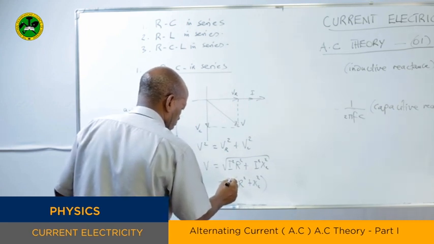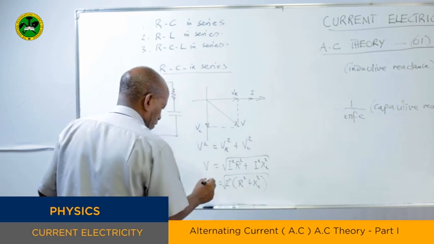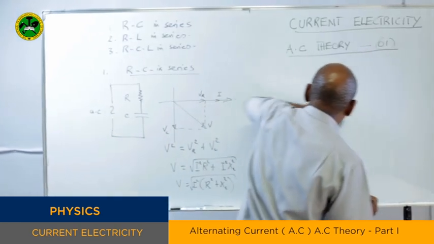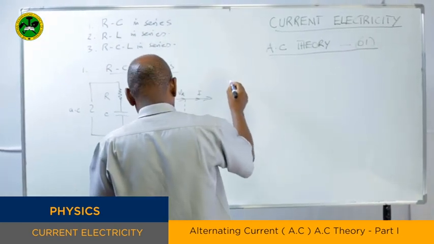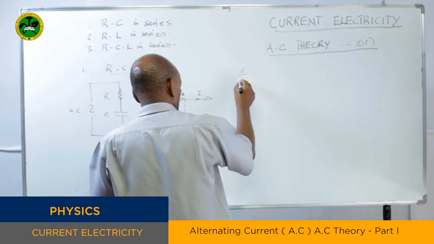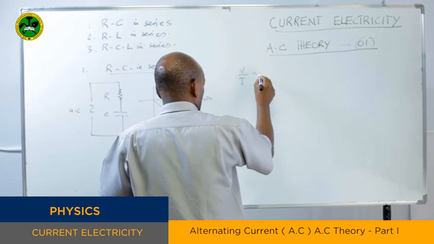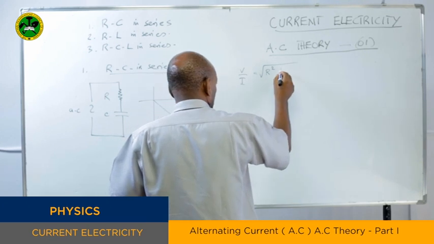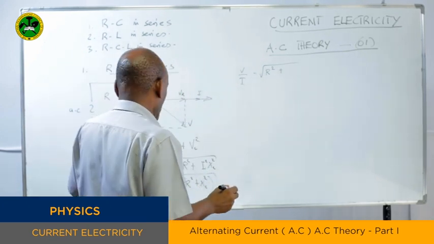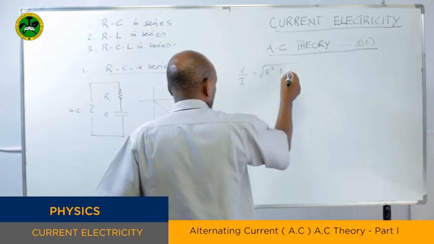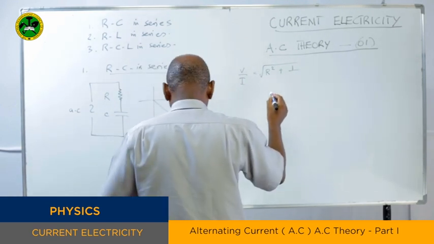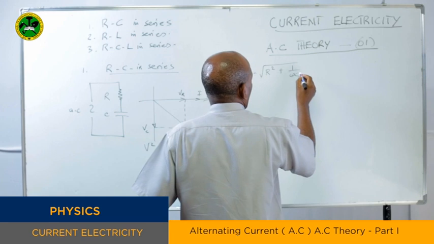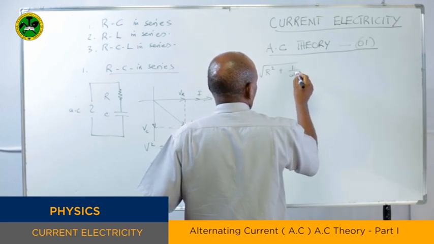So I can be taken outside, and we are going to have V over I, taking I outside, and inside we remain with R squared plus the capacitive reactance squared, and the capacitive reactance there is 1 over omega C, squared.